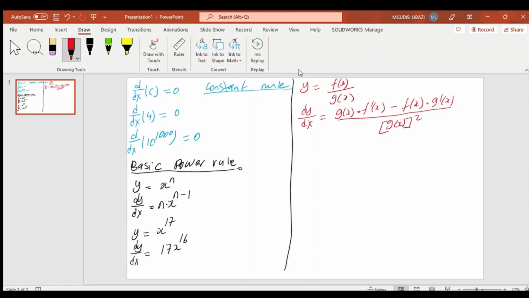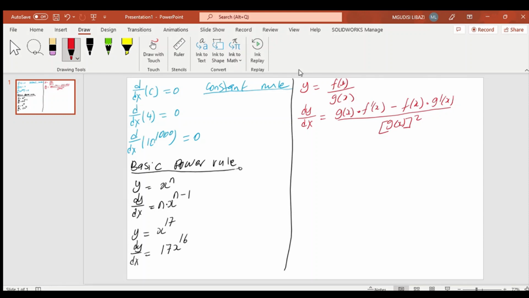As for the second part, you take the function which you didn't derive, which is g of x, you derive it now, and then you multiply by f of x, the function which you derived at first, as it is. Lastly, you square the function that was in the denominator.